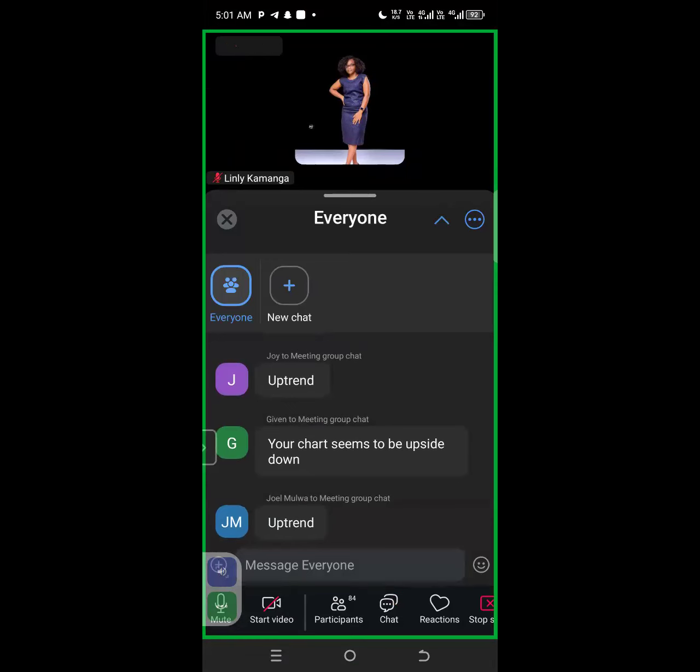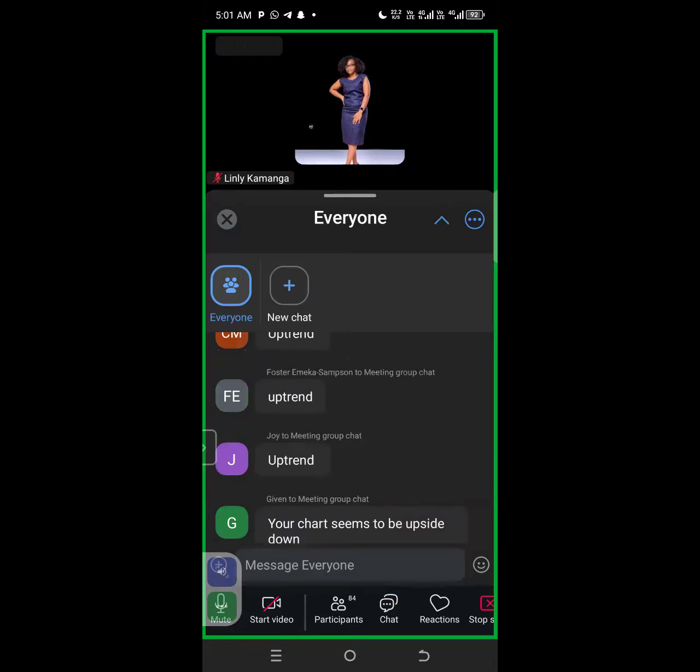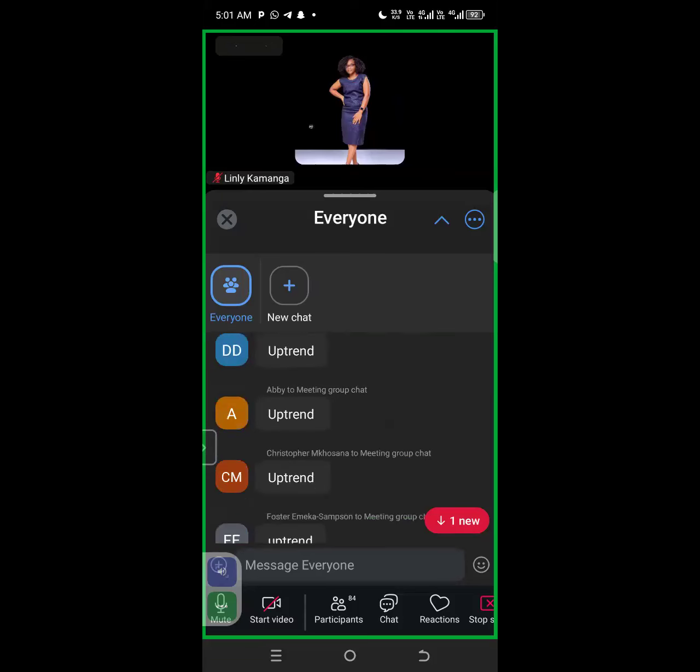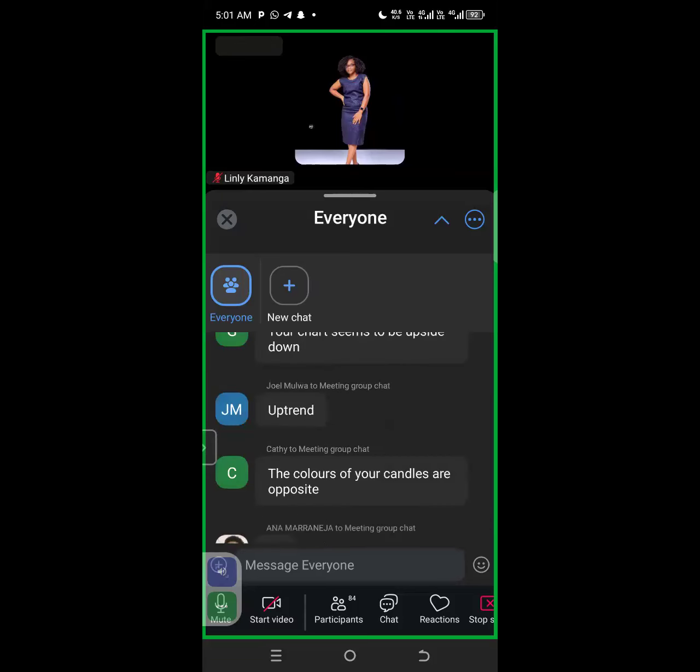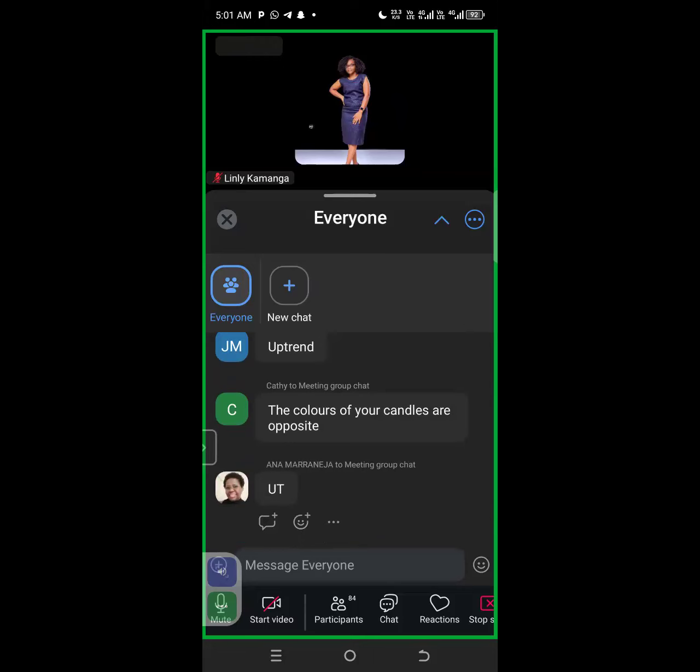Someone is saying your chart seems to be upside down. The colors of your candles are opposite.